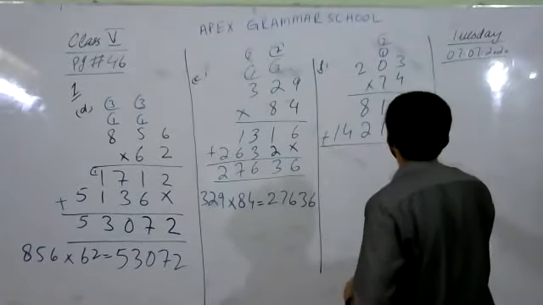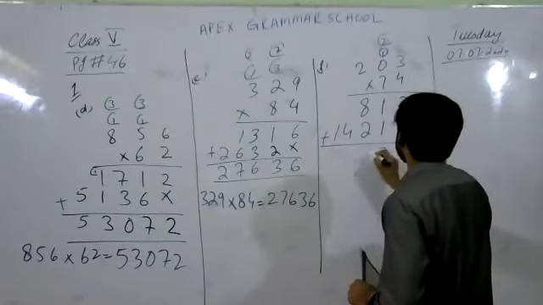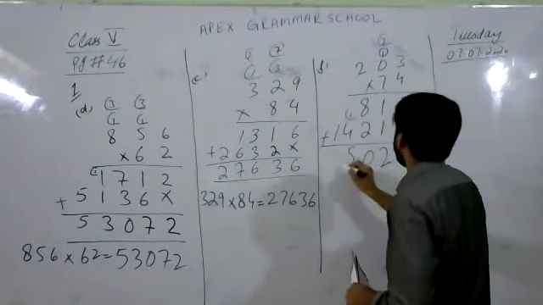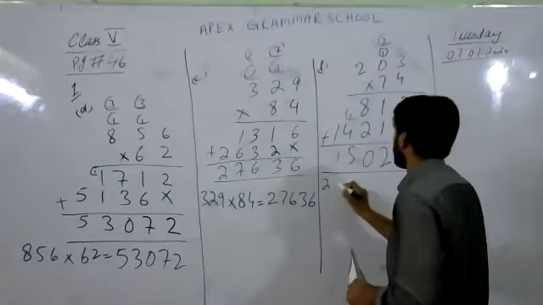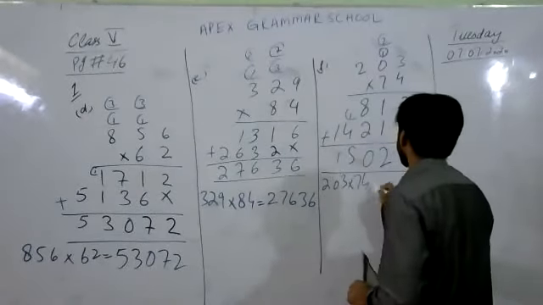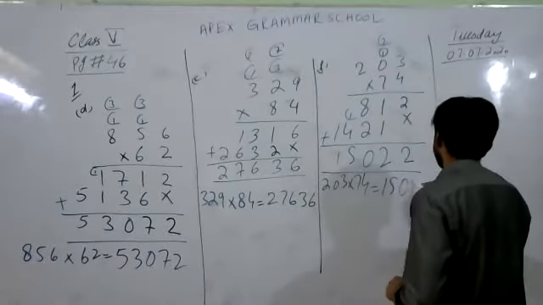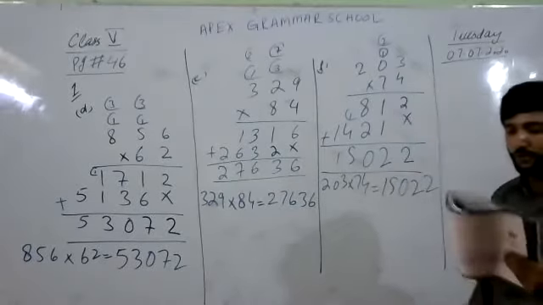Lastly, we have to add them. So 203 into 74 equals 15022. Now question number 1 is completed.